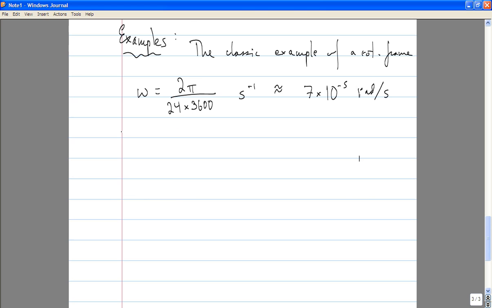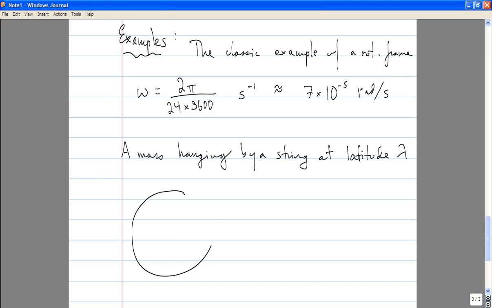So let's consider the example of a mass which is hanging by a string at latitude lambda. Okay, so here's my picture of the Earth.